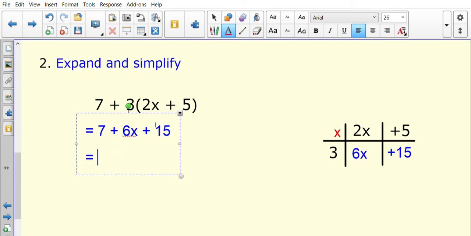So I have a 7 plus 15, which gives me 22, and then collecting my x's, well, I only have 6x, so that's as far as that question can go. And like I said, you can have that round the other way, so you could have 6x plus 22 or 22 plus 6x. It's exactly the same.